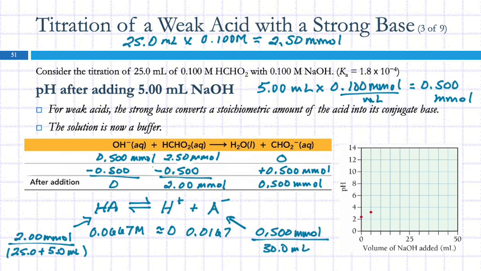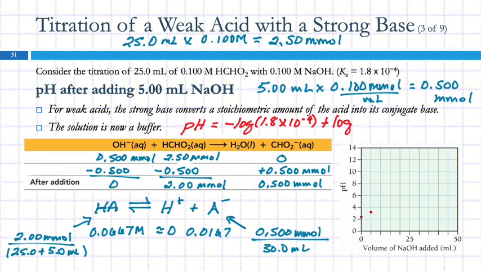This is a buffer, and so chances are good we can use the Henderson-Hasselbalch equation. So I'm going to try to sneak that in here. The pH of this is going to equal the pKa, so pKa is negative log of the Ka, plus the log of the base over the acid.